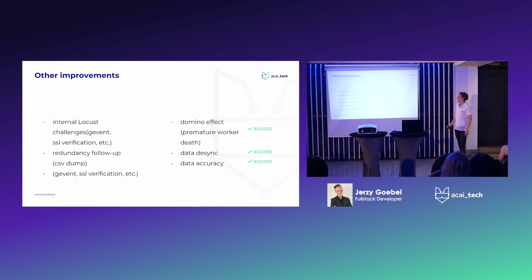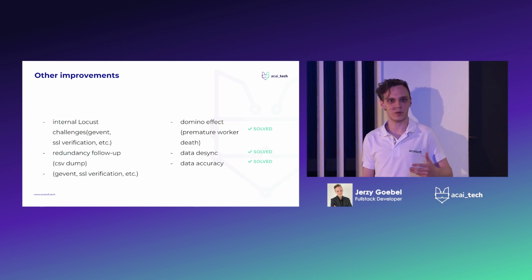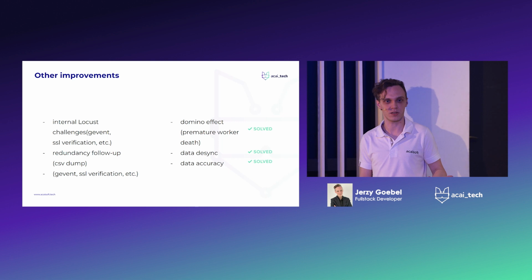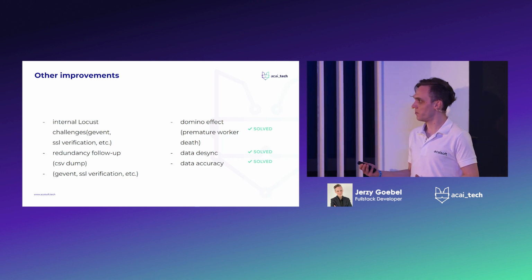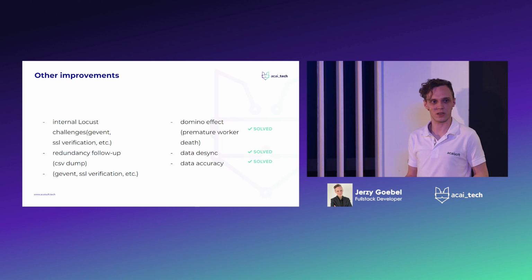Okay, so basically, all these summed up gave us the solution for the domino effect, that is premature worker death. What this means is basically when one worker was busy with some work, maybe the response message was lengthy because it was an error, then it was busy parsing that JSON object that got returned in the request, and it was trying to figure out how to send all that information back to the master node. And it wasn't really working because, again, all the timestamps were wrong because we were aiming at millisecond precision.